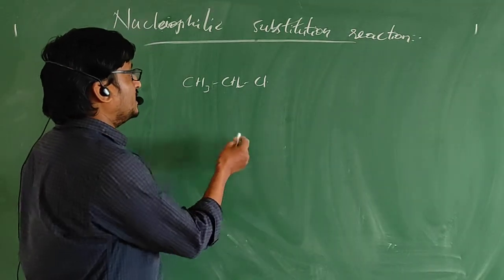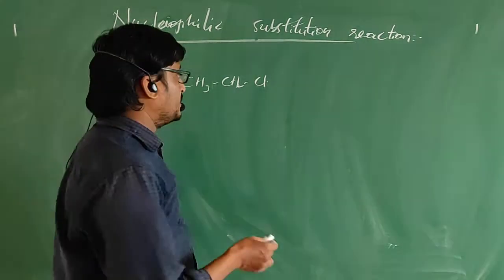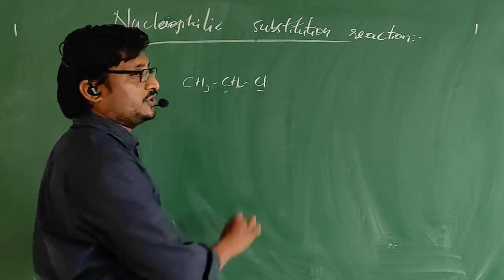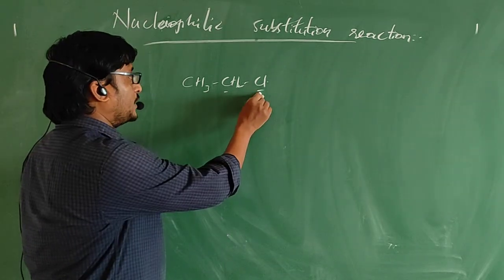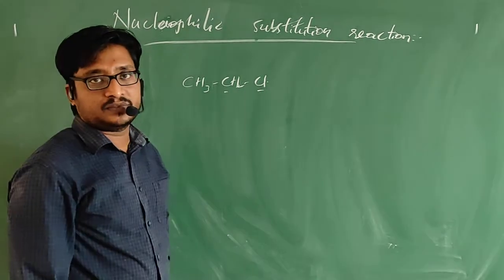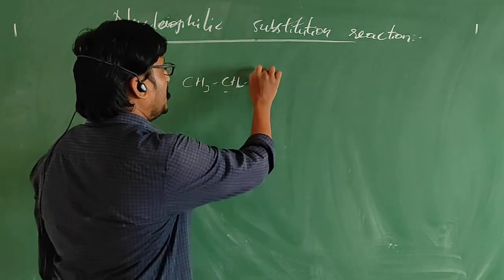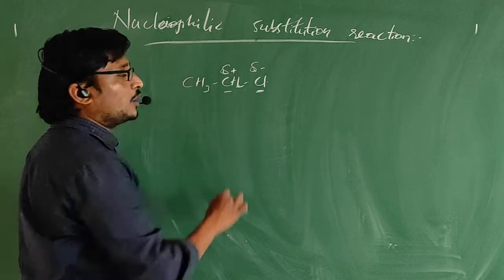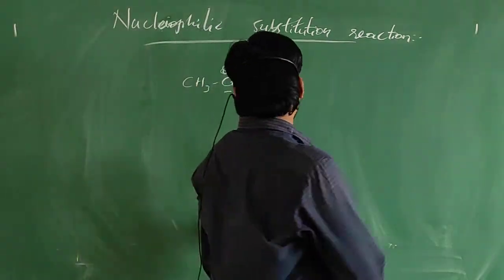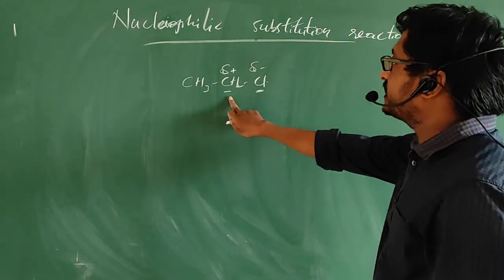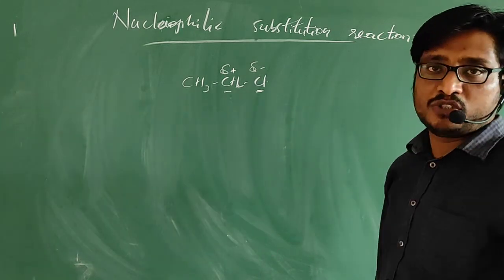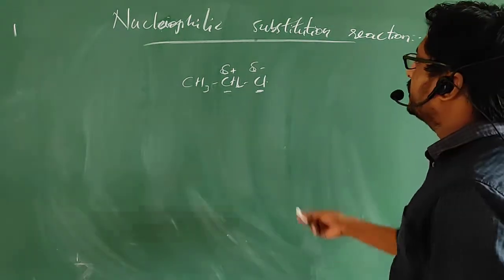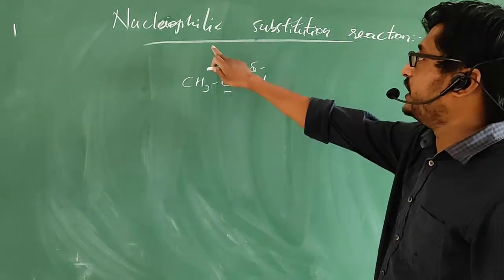Now, if you see, there is an electronegativity difference between carbon and halogen. Halogen is more electronegative when compared with carbon. So chlorine will get partial negative character, and carbon will get partial positive character. Since carbon has a partial positive charge, it will be attacked by the nucleophile.